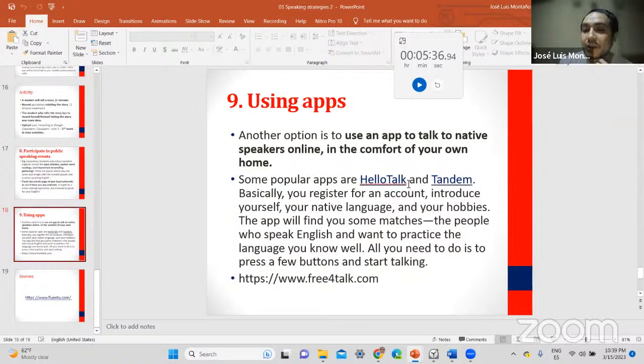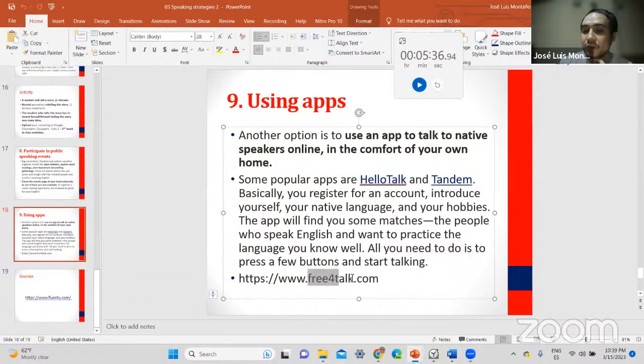You have Hello Talk, Tandem, and Free for Talk. If you go to one of those, you're going to be able to chat with native speakers and have conversations, because they perhaps want to learn Spanish also, so you can teach each other. That's a way to practice.